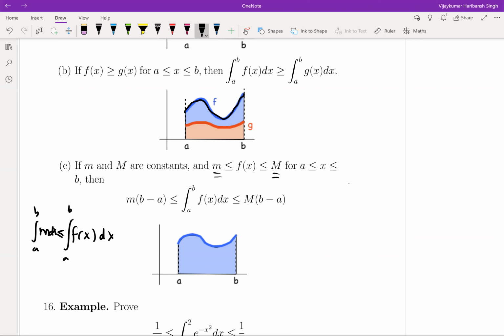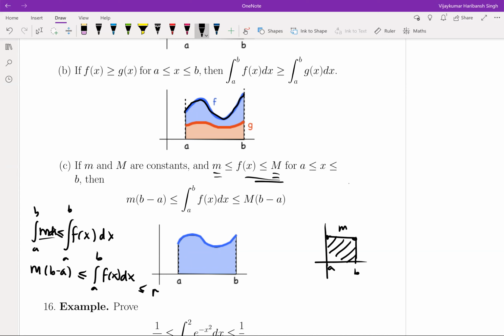Now, if you look at this guy, this is simply a rectangle. So you have M here, from a to b. So the area of this rectangle is going to be M times (b minus a). So we have M times (b minus a) is greater than or equal to the integral from a to b of f(x) dx. And similarly, on the other side, you can see that this is going to be greater than or equal to m times (b minus a).